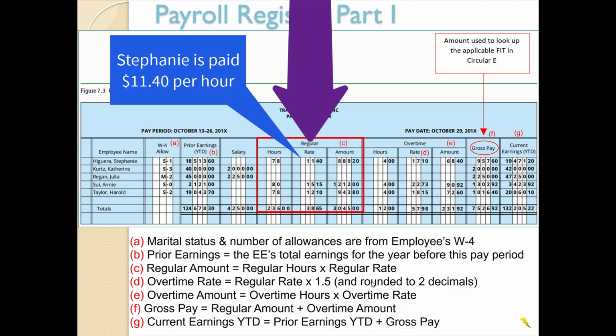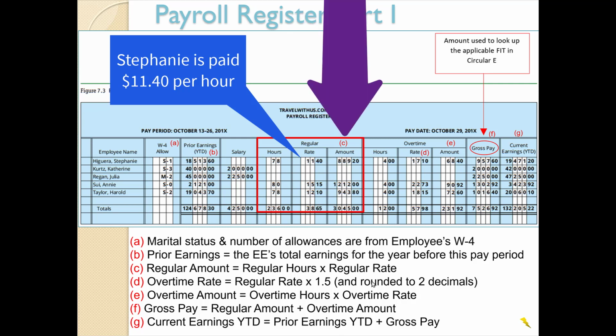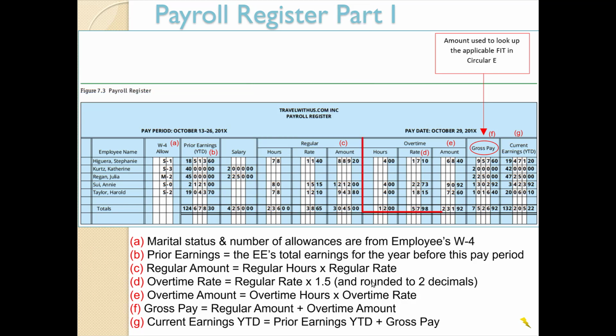The rate is the hourly rate for these hourly employees, and then the regular amount is just calculated by taking the hours times the rate. Then the next 3 set of columns is our overtime information. Looks like Stephanie worked 4 hours of overtime, and her overtime rate is 17.10.